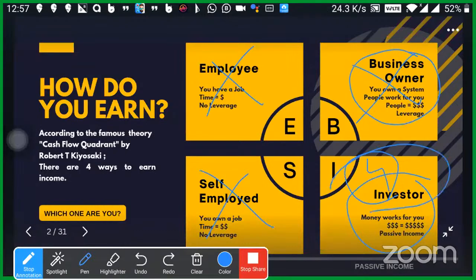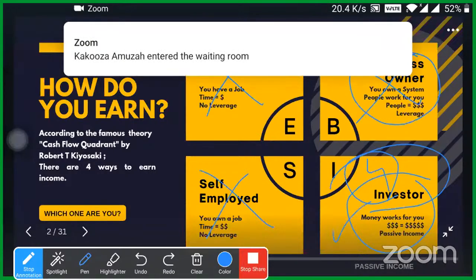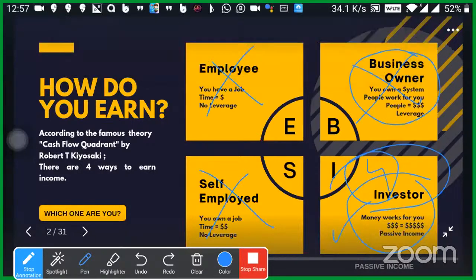He is an investor, and his money is working for him. He earns income according to his investment in all the businesses in which he has invested.